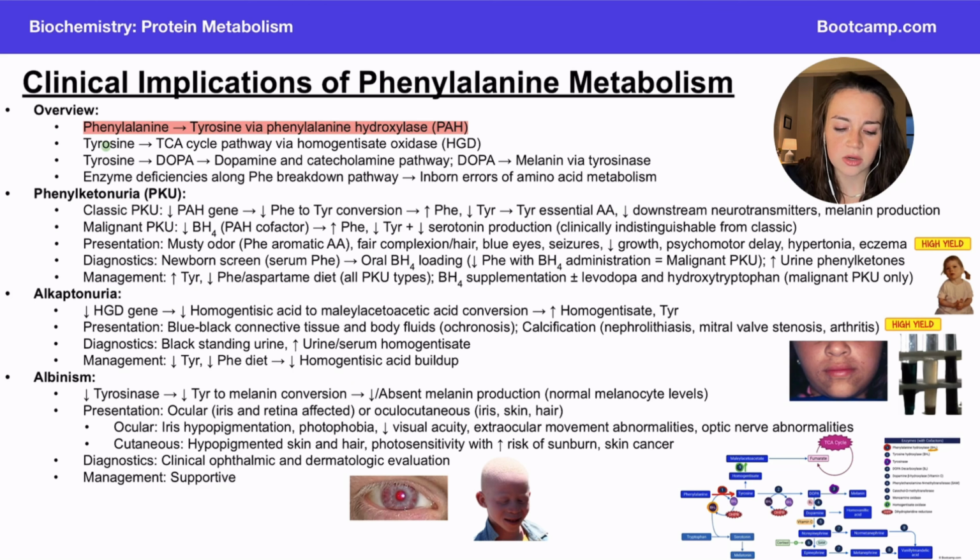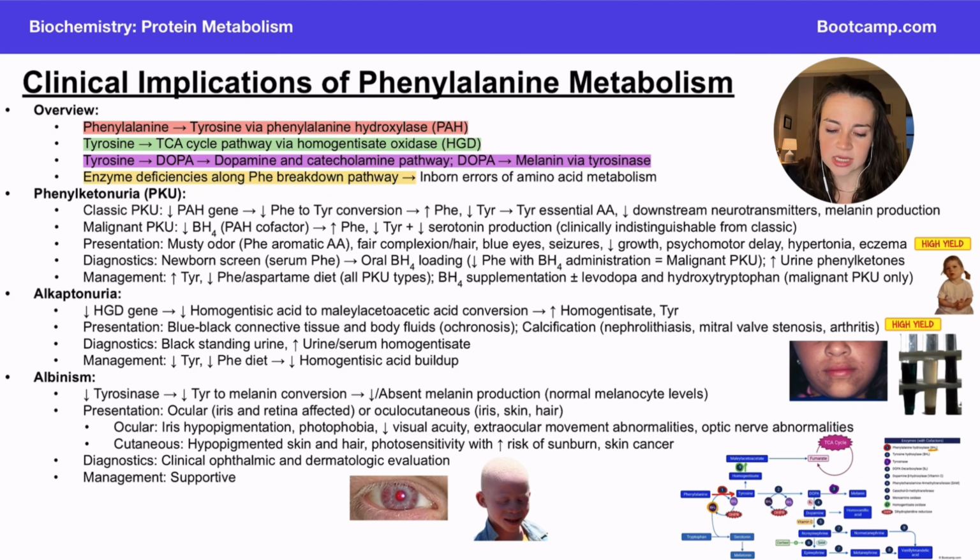So tyrosine could either go to the TCA cycle via homogentisate oxidase, or it could participate in the dopamine and catecholamine pathway. One of the enzymes in that pathway was called tyrosinase. And so we're going to talk about these three enzymes, this phenylalanine hydroxylase, this homogentisate oxidase, and this tyrosinase.